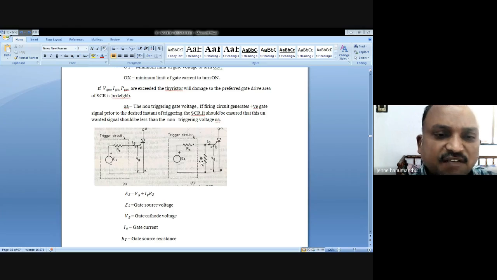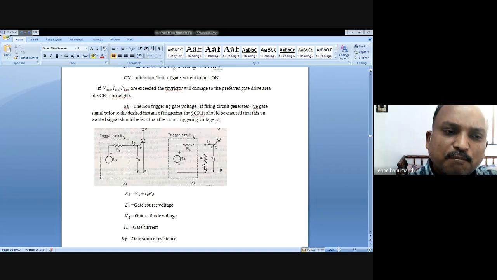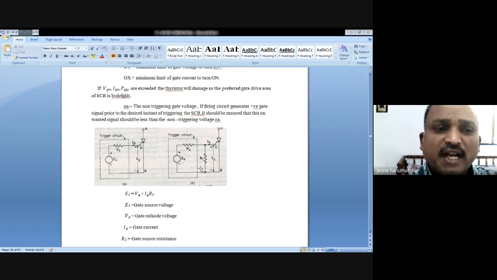And in the place of R, we can connect RL, resistor and inductor, both elements. So you can replace R with an RL or RC combination, your wish. But remember one thing: how much voltage is needed for triggering the gate element.